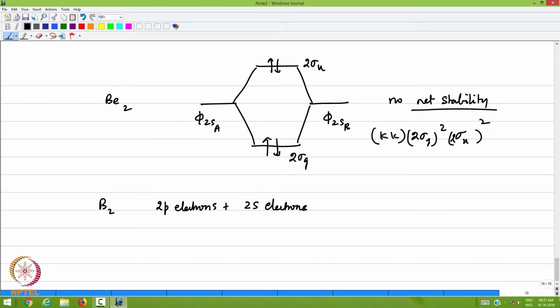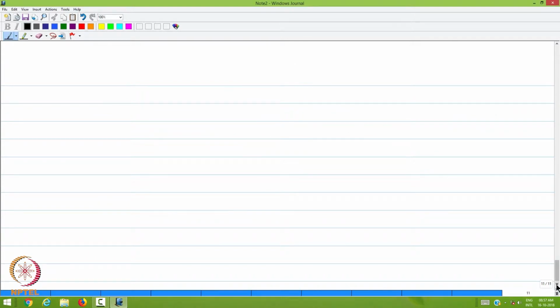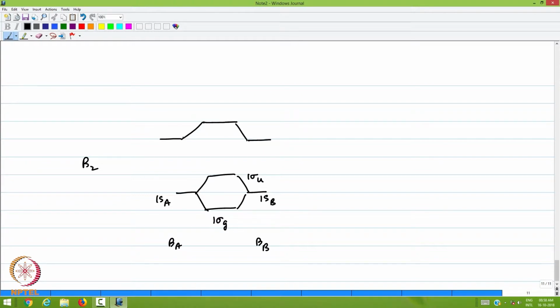So, let me write down the boron, the full electronic configuration. If you have to write the 1s A for boron atom A, and this is the boron atom B. If you do that, 1s B, this of course forms the molecular orbitals 1 sigma G, 1 sigma U. Then you have the 2s electrons forming 2 sigma.